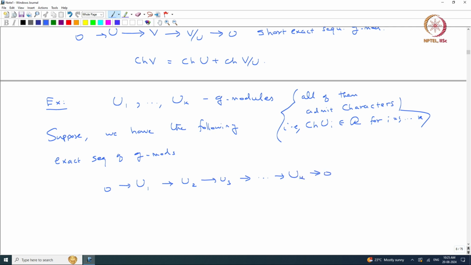Then we can talk about the alternating sum of the characters here, because all this is an exact sequence.